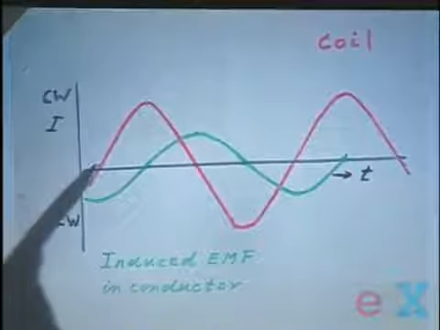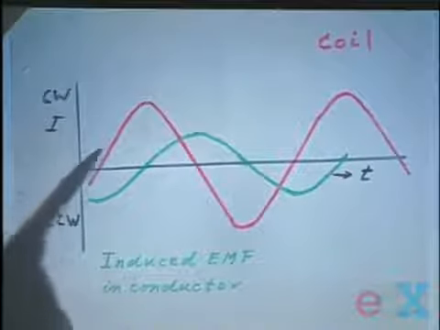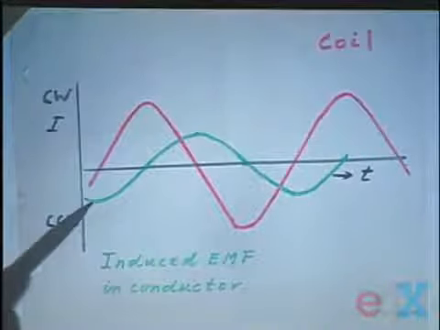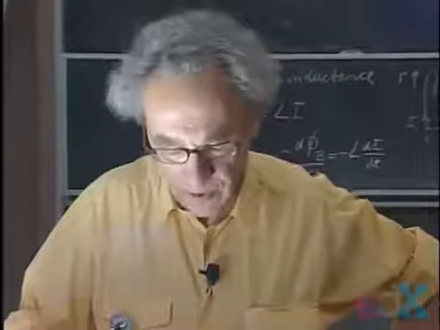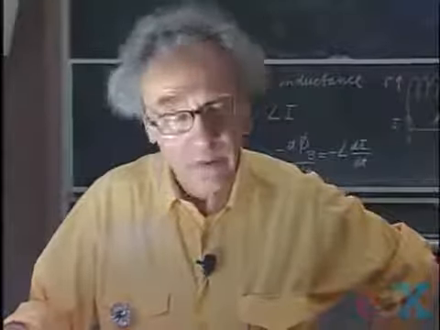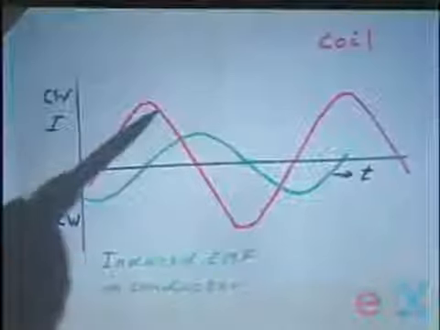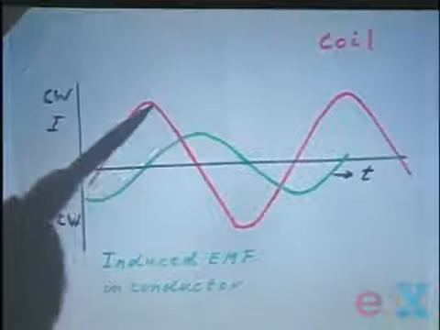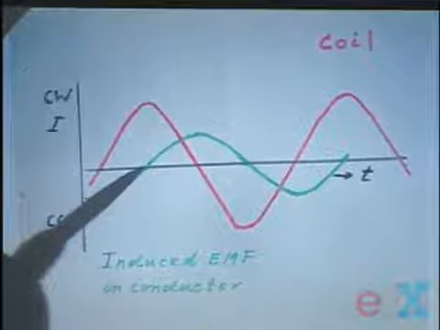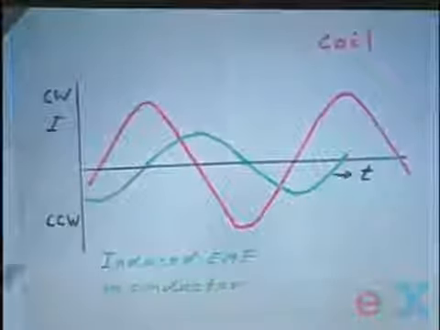Notice when the magnetic field increases, when the current goes up in the coil, that the EMF in the conductor is in such a direction that it opposes the change of that magnetic field. But now when the magnetic field goes down, when the current in the coil goes down, immediately the EMF flips over, which is what I just mentioned to you.